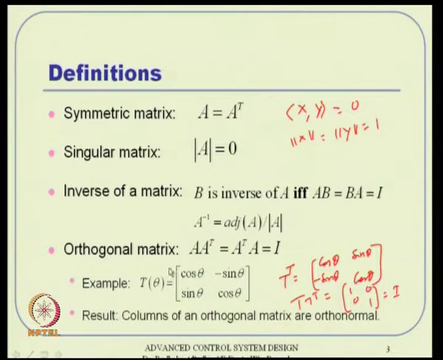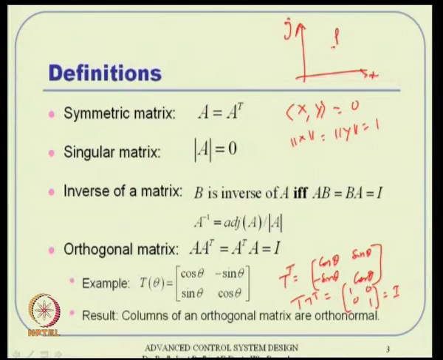By the way, this matrix that you see here is also a very neat matrix. It is what is called a rotation matrix. For example, if you have a coordinate frame like this with a point P, and you have some coordinates in this x and y.